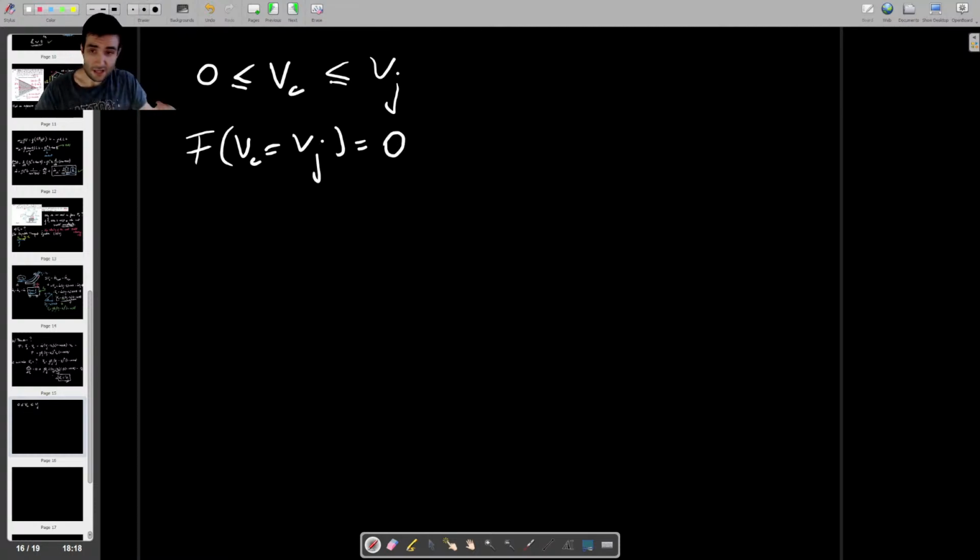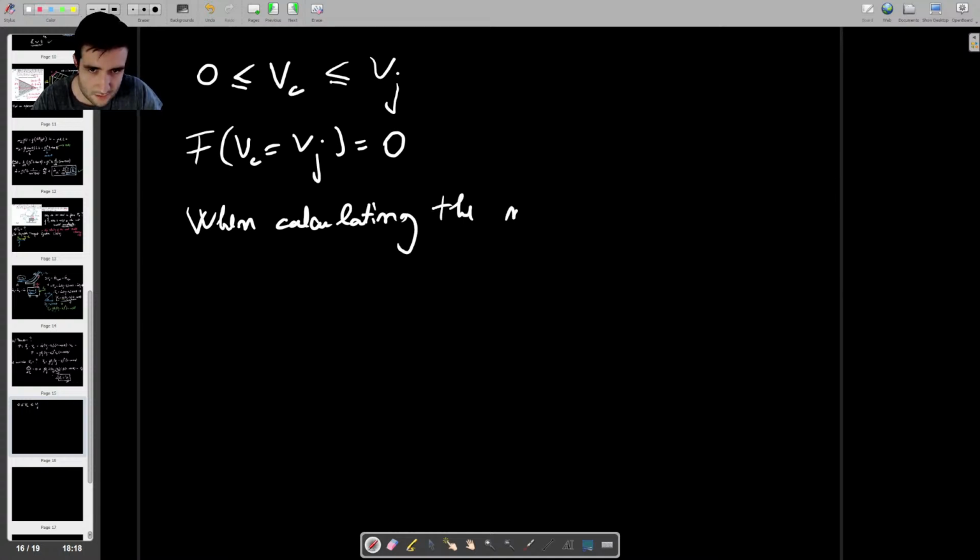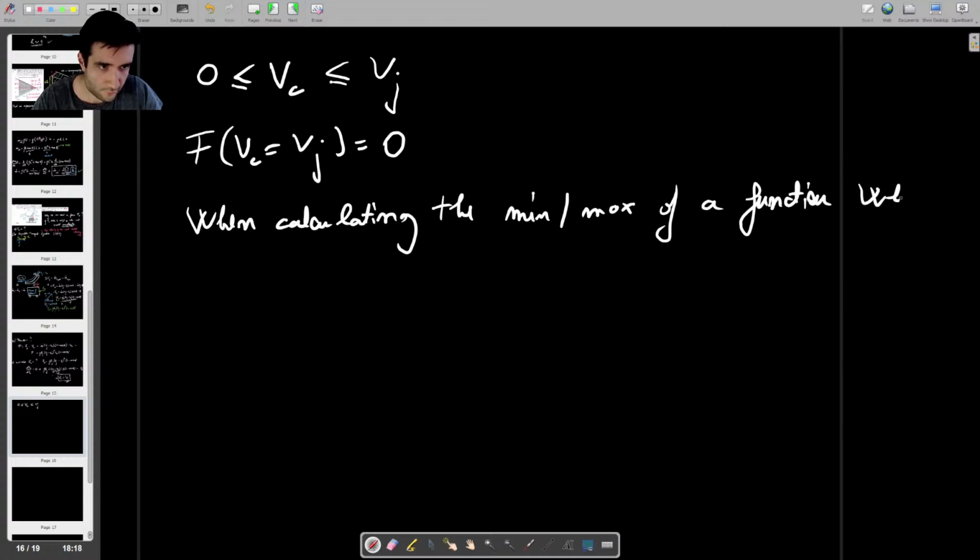So as usual, when calculating the min or the max of a function, we have to check the boundaries manually.